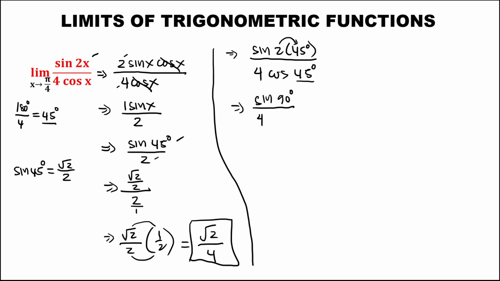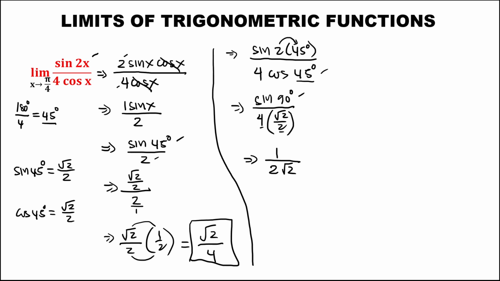And for this cosine 45 degrees, using the special triangle, cosine 45 degrees is the same as sine 45, that's square root of 2 over 2. So this becomes times square root of 2 over 2 for cosine 45 degrees. Then to simplify, this sine 90 is equal to 1, over 4 divided by 2, that's 2. So this becomes 1 over 2 square root of 2.